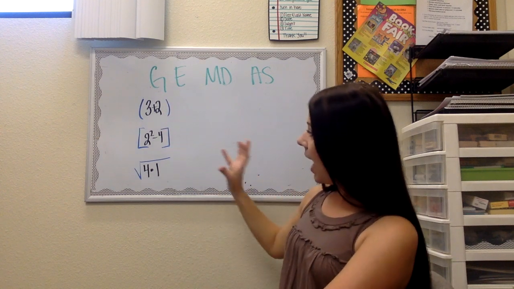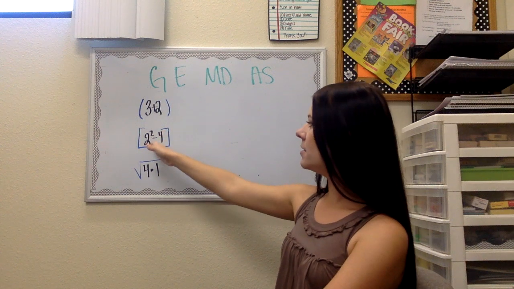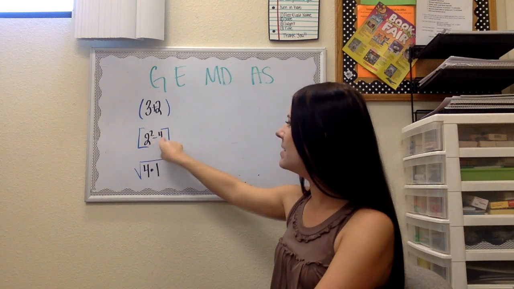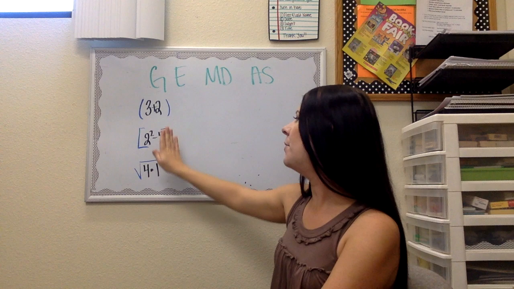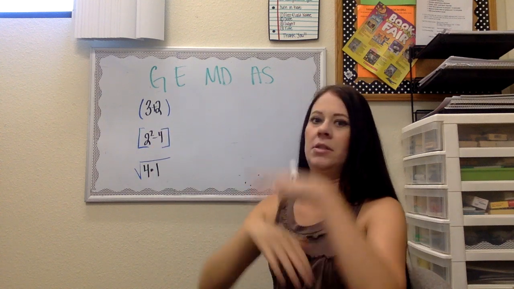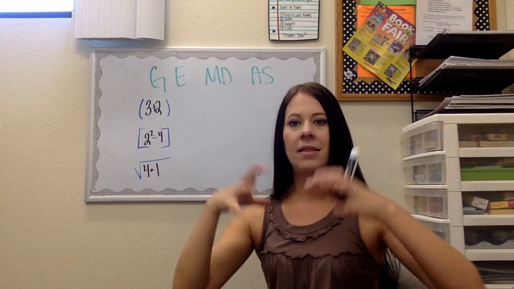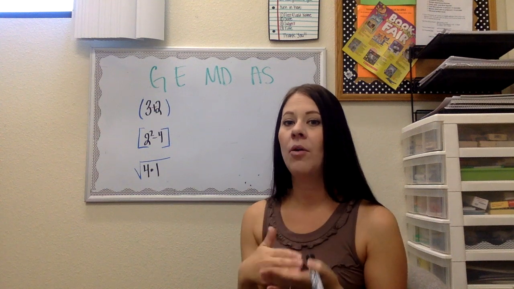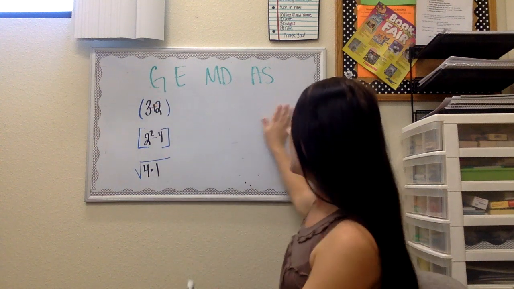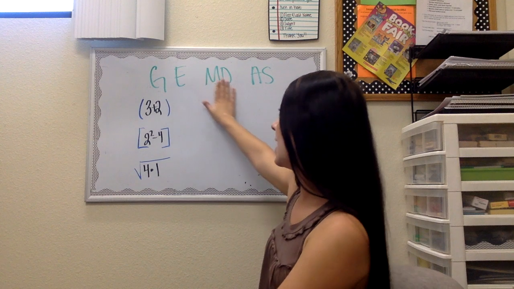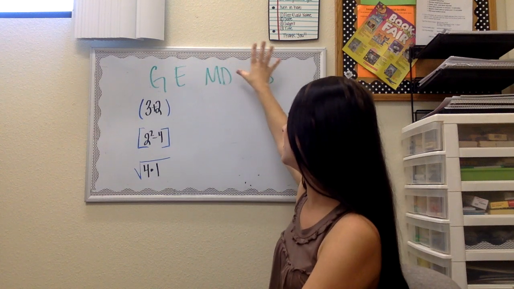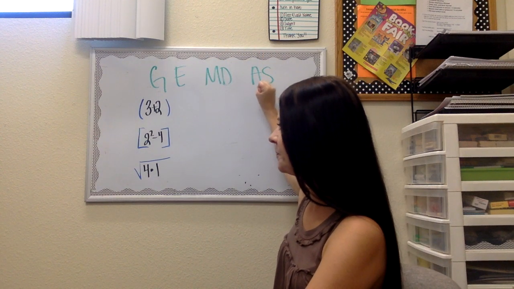Here, when I get inside of these grouping symbols, I have GEMDAS all over again. I don't just get inside and start doing math. I get inside the grouping symbols and I go back over this order. I start back with grouping and move to exponents and look for multiplication and division and addition and subtraction.